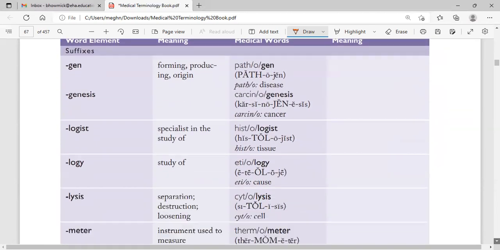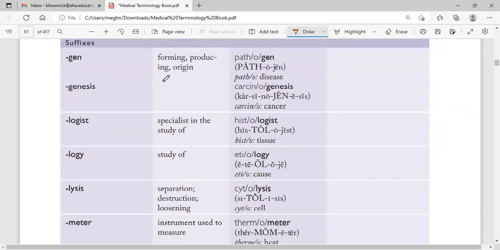Next, -gen: pathogen means disease or organism. Carcinogenesis, like cancer. So -genesis means forming or producing, carcinogenesis.